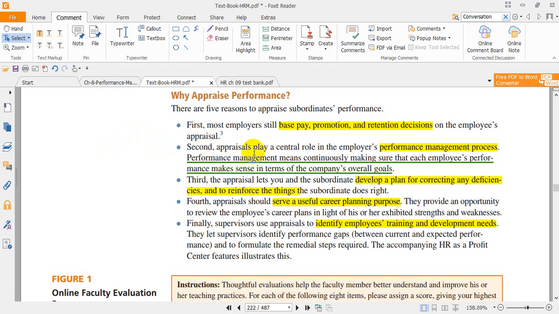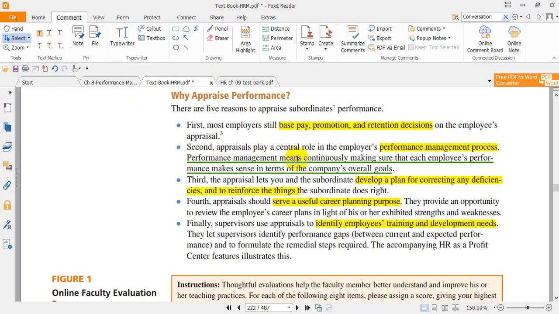Second reason, appraisals play a central role in the employer's performance management process. So there is a performance management process, and the performance appraisal plays a central role in it.